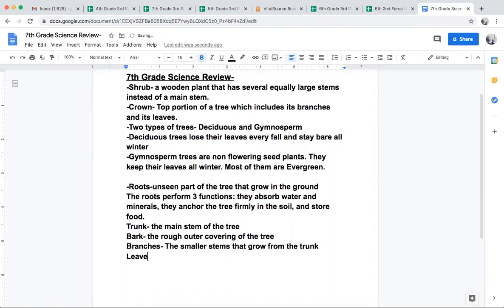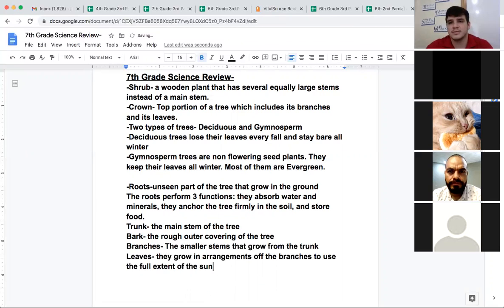And with that, we have the leaves, all right? The leaves are what grow out of, in arrangements from the branches, to use the full extent of the sun. Use the full extent of the sun.